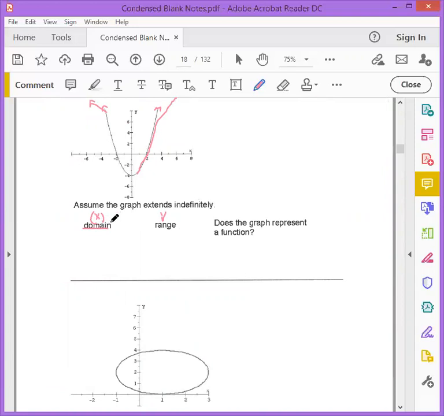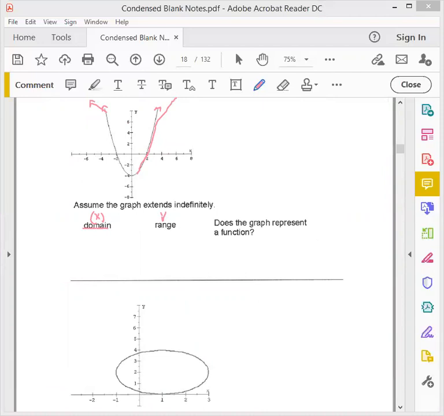When we look at the domain, we want to know what are our potential x coordinates. This graph continues indefinitely. We want to know which values are used or could be a part of this function along the x-axis. We see already that negative 2 is involved, negative 1 on the x-axis, 1, 2 is involved.